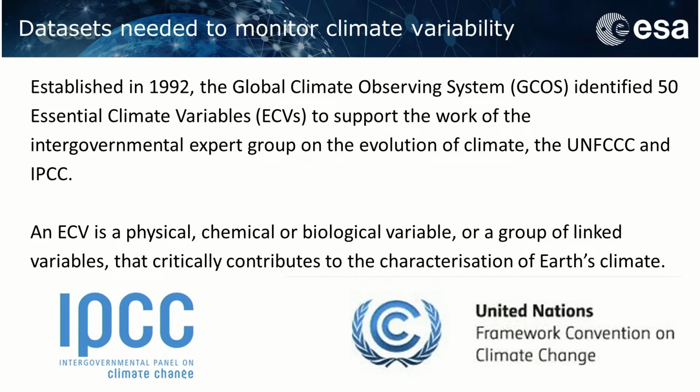So in 1992, the Global Climate Observing System, GCOS, identified 50 essential climatic variables to support the work of the United Nations Framework Convention on Climate Change, and the Intergovernmental Panel on Climate Change. So an ECV, or essential climatic variable, is defined as a physical, chemical, or biological variable or group of variables that critically contributes to the characterization of the Earth's climate.